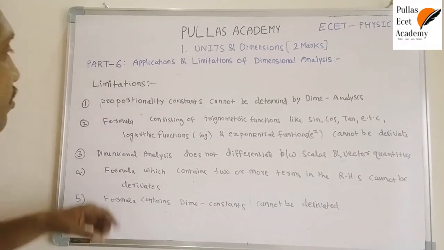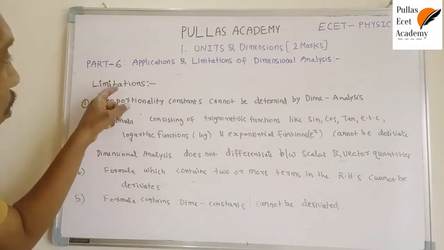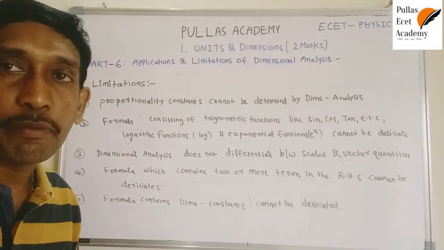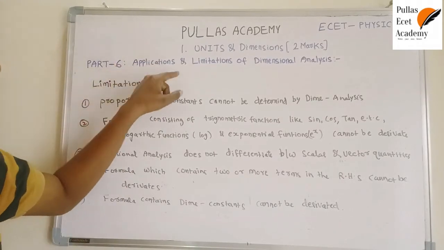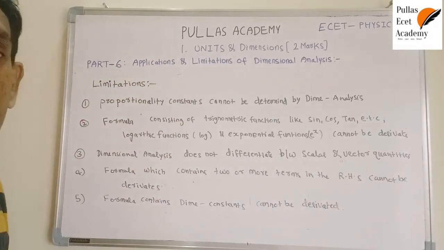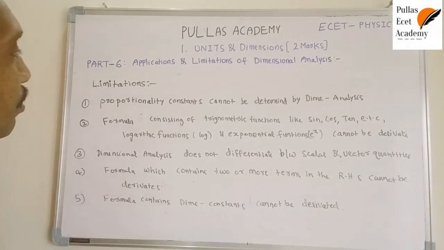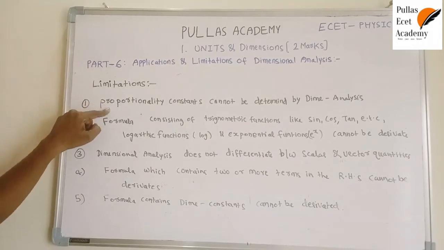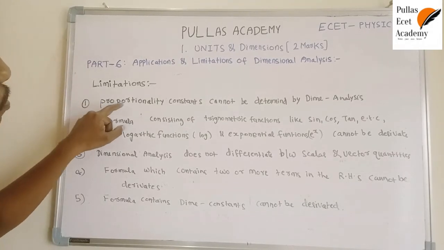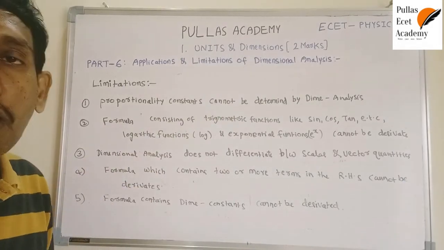Now we are going to discuss the limitations of dimensional analysis. What are the demerits or limitations of dimensional analysis? Actually we have so many applications, but we also have some limitations, some situations where it cannot be applied. That's why we have to understand the limitations. The first limitation, listen carefully, is that proportionality constants cannot be determined by dimensional analysis.